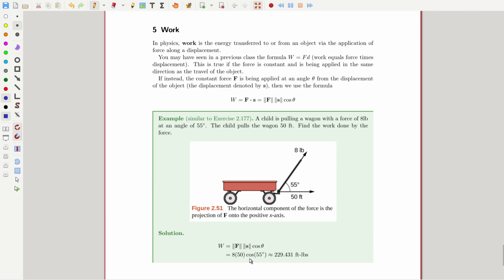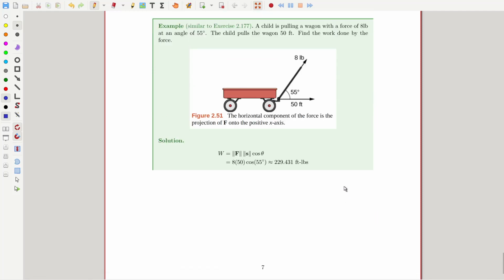And you would just go ahead and compute that. To calculate cosine of 55 degrees, you are forced to use a calculator. So I did that and I got this answer. Typically, you'll see work either has units of foot-pounds or Newton meters, aka joules. It depends on what unit system you're using for the problem, so just be aware to check that. And that's all I have for this lecture.